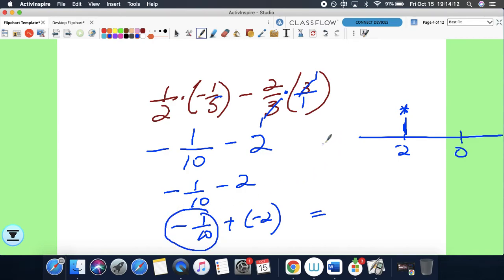Are we adding value to you, or are we decreasing your value? Well, we're adding a negative number here, so that means we're going to go just a little bit to the left. So I add this much debt to you. So if you're already in debt at negative 2, plus that 1/10, you're now in debt at negative 2 and 1/10, or negative 2.1, however you want to think of it. Okay.